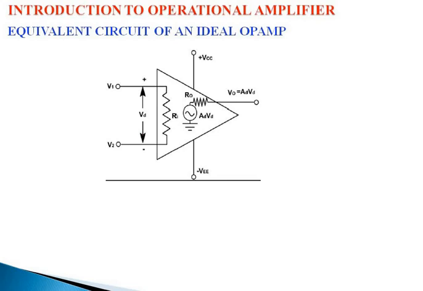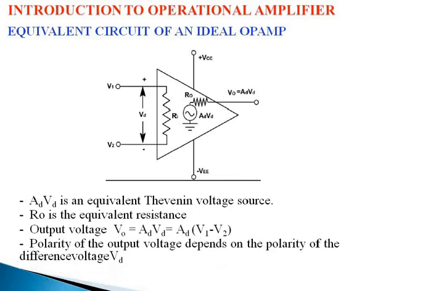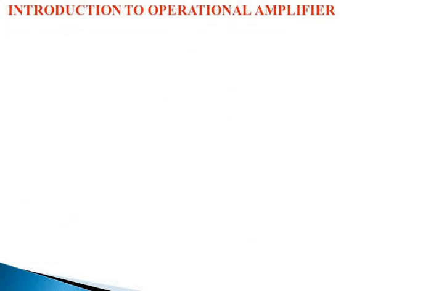That is VD is equal to V1 minus V2, and AD is the gain of this op-amp. R0 is the output resistance, and the output voltage is given by AD into VD, that is AD into V1 minus V2. Polarity of the output voltage depends on the polarity of the difference voltage VD.